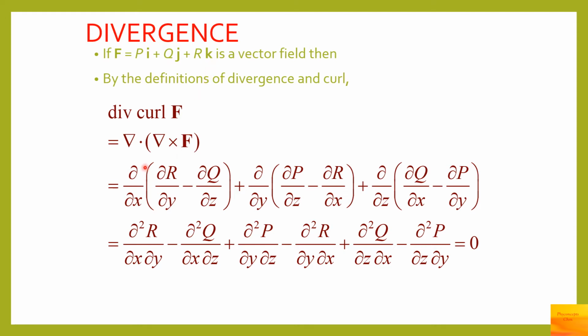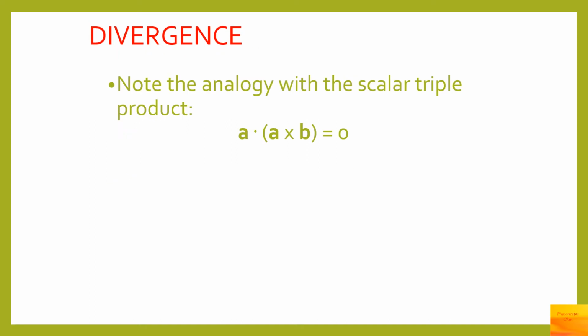So we take the dot product of del with del cross F bar, and we get 0. We can make an analogy with the scalar triple product, that A bar dot A bar cross B bar is 0.